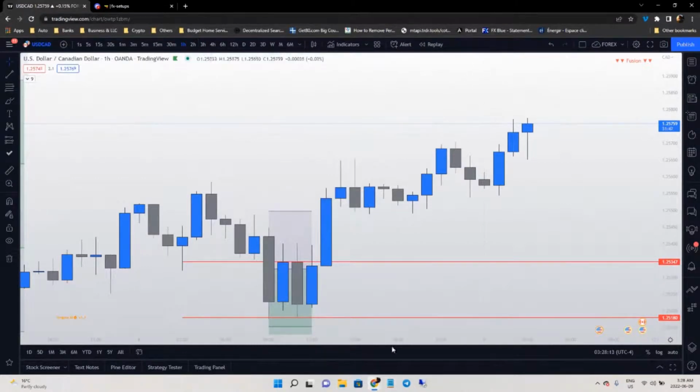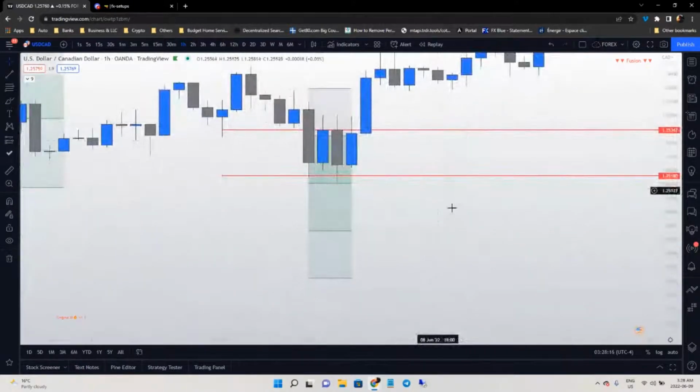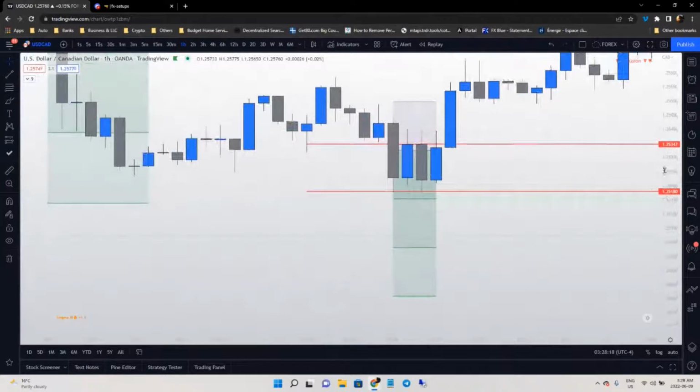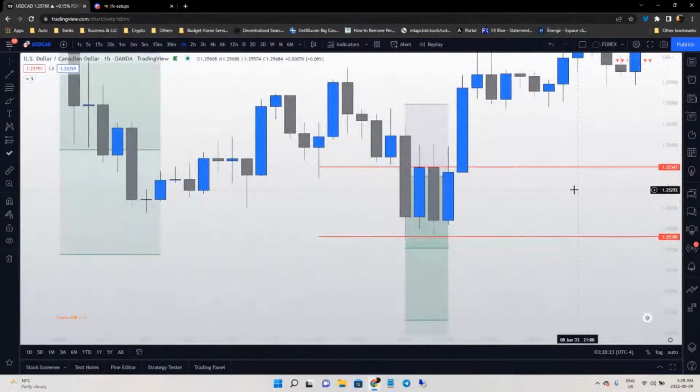Because I would still have taken the trade here based on what I'm seeing, but like I said, basically I would still see this candle here as the low for the week, but it went lower.